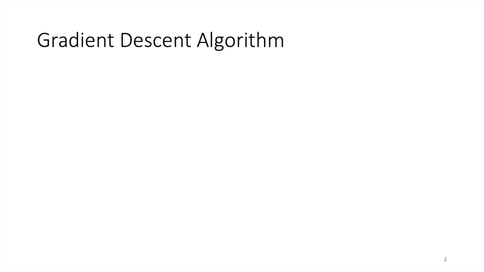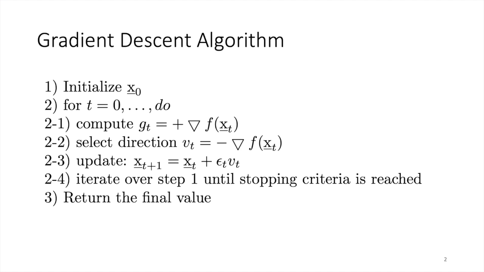All right, so this is just a recap. We started by initializing our x, x0, the vector. For t from 0 up to the point that we stop and return the value, we're going to compute the gradient at t. Then we select the direction as the opposite of this, since we are going towards the minimization.